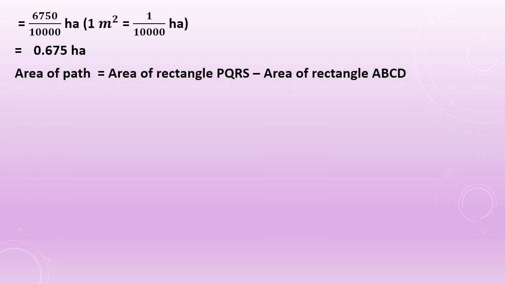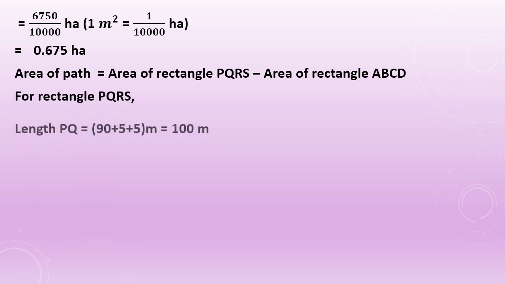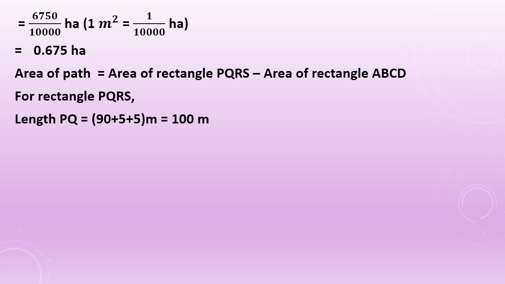Now they have asked to find the area of the path. How to get the area of the path? Yes, area of the bigger rectangle minus area of the smaller rectangle. The bigger rectangle is PQRS, so area of rectangle PQRS minus area of rectangle ABCD. To find the area of the path, first we have to find the area of rectangle PQRS. For that, first we find the length and breadth.